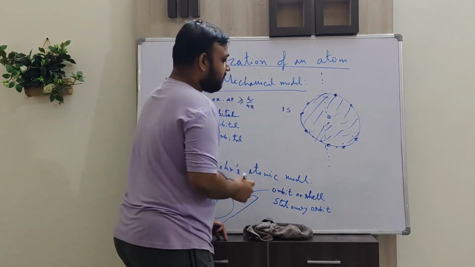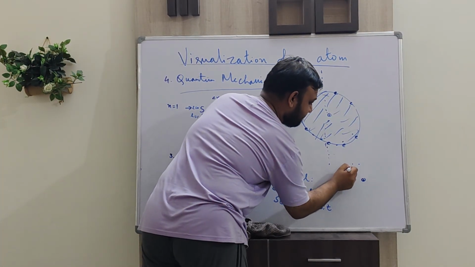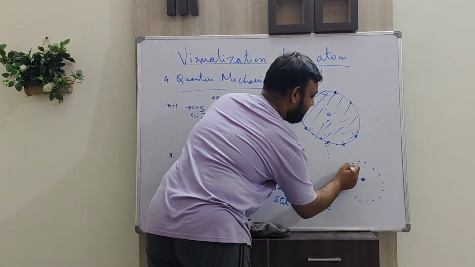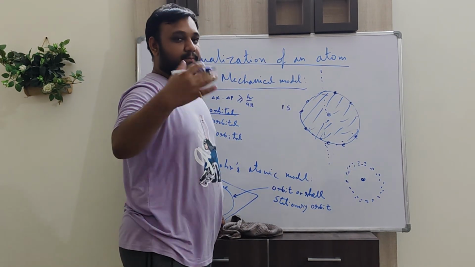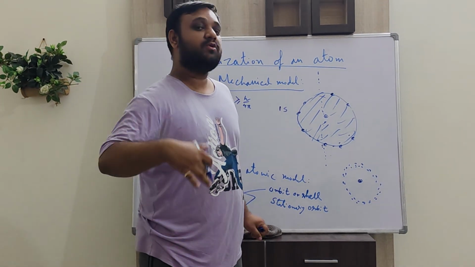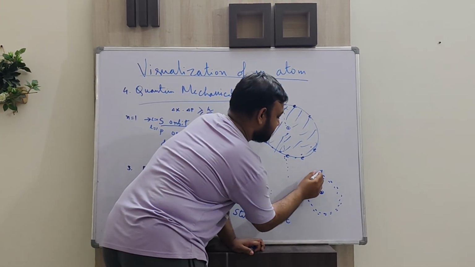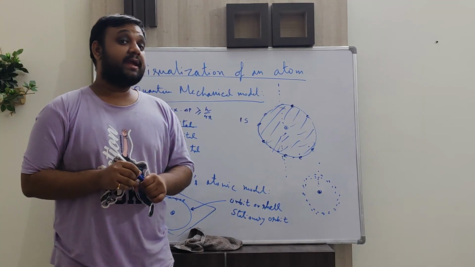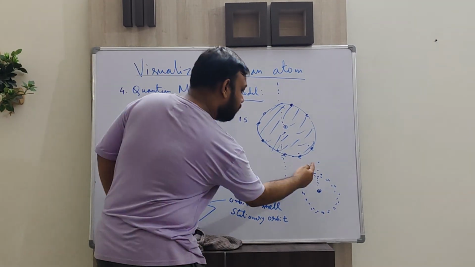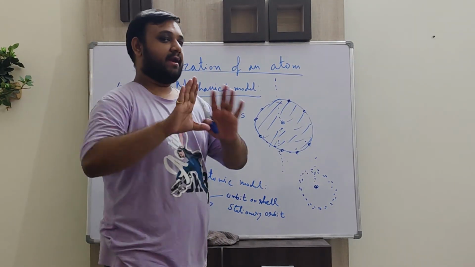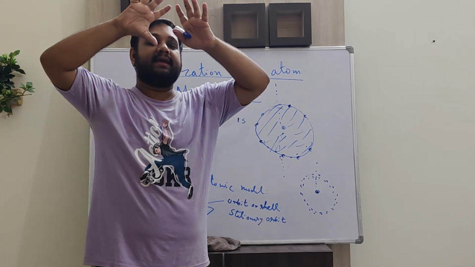So what is the visualization? The visualization is that there is a nucleus and a particular spherical region where we can find the electron regularly, with much higher probability, but outside that the probability is decreasing. But we cannot say what the exact path of that electron is. Is it moving like this or like that? We cannot exactly say. Electrons are like a cloud. We can compare it to a cloud.